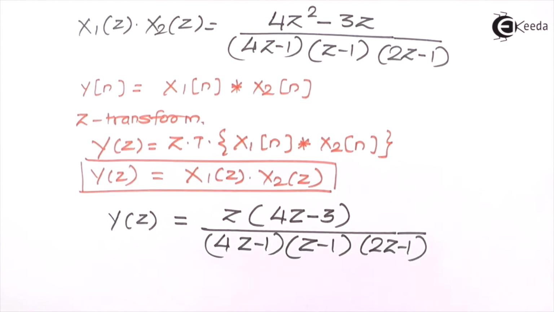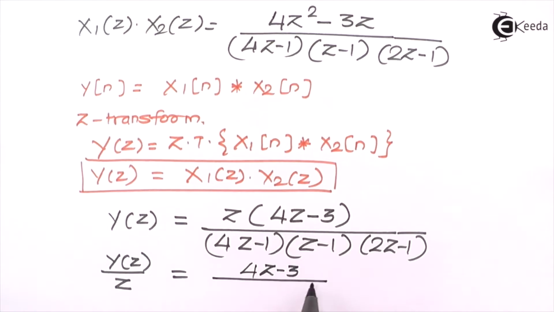Now we have to take an inverse z transform of this. Whenever we are having linear factors, we will always do the partial fraction of Y(z)/z. So Y(z)/z in this case will be (4z - 3) upon (4z - 1)(z - 1)(2z - 1).